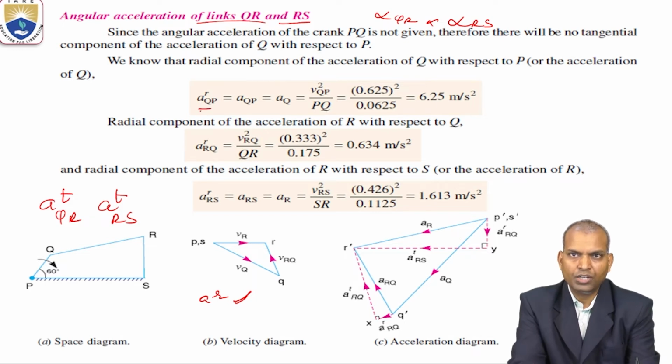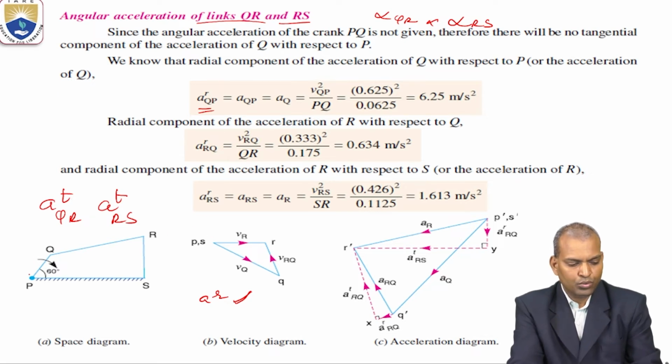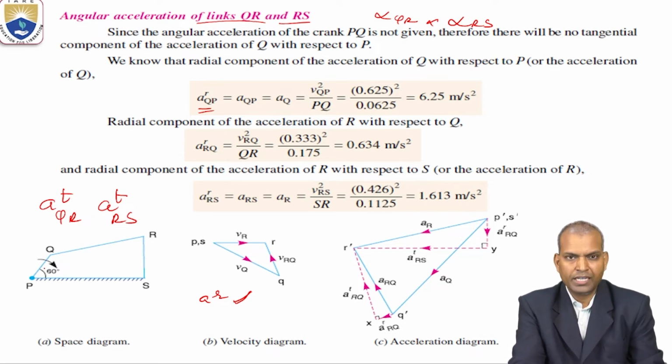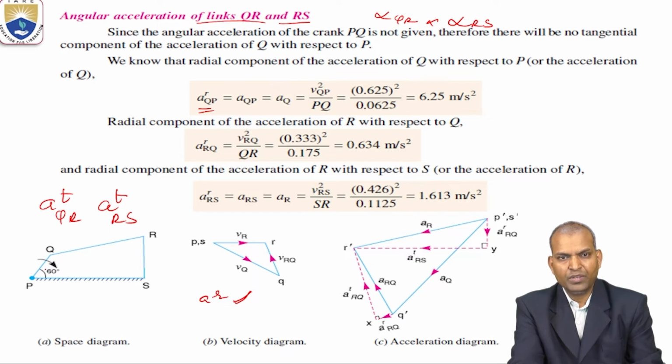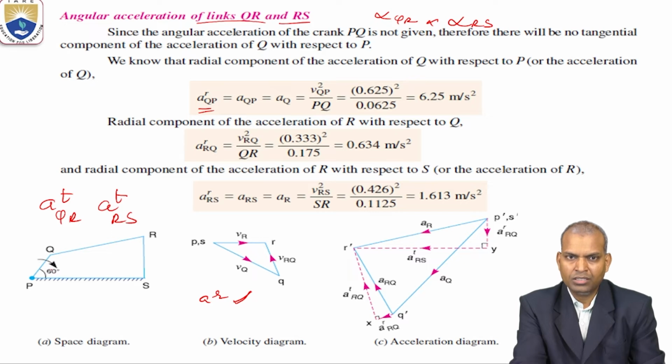Now, ARQP. Here this link PQ is having constant angular velocity. That means if it is constant angular velocity, what is the tangential component? Zero. Total acceleration equal to radial acceleration plus tangential acceleration. But in the case of PQ, only the radial acceleration component exists.